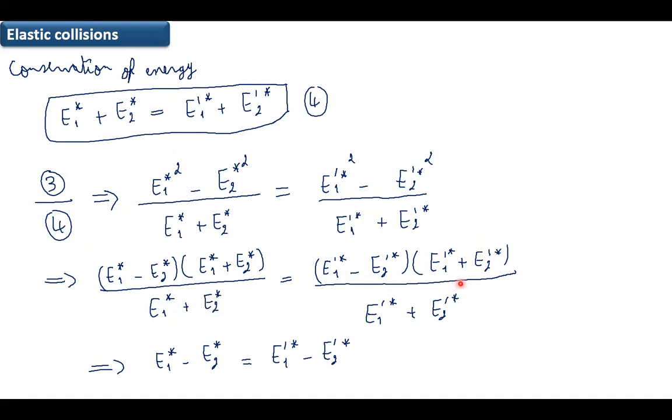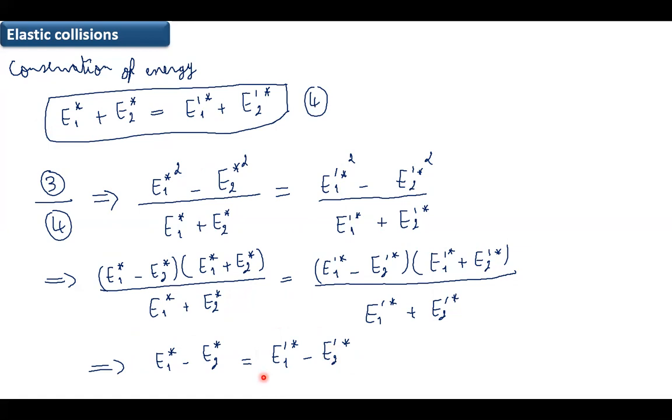You remove the plus quantities and you get this equation: E1 star minus E2 star is equal to E1 prime star minus E2 prime star. Let's say this is equation number 5. If you add this equation to equation number 4, you get 2E1 star equal to 2E1 prime star.